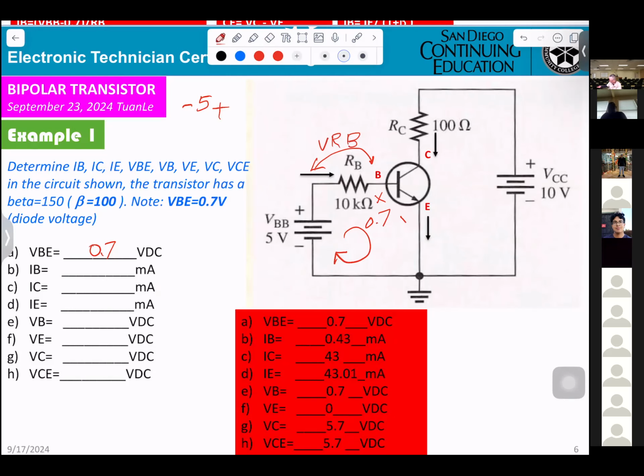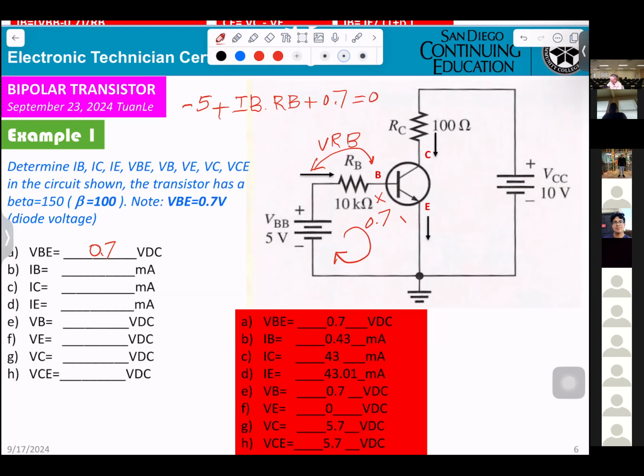VRB means IB times RB. And you hit into plus or minus 0.7, plus 0.7 equals 0.